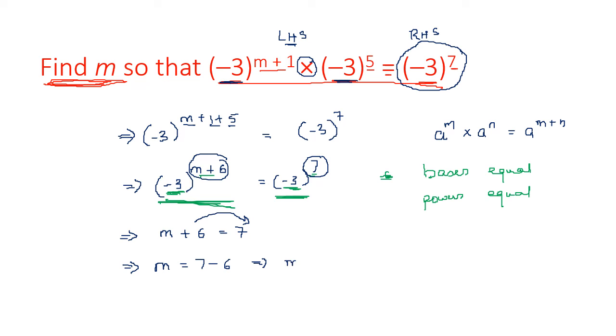So we get m equal to 1. So based on this equation, the unknown m can be found using the laws of exponents. You have to remember the values of two numbers will be the same when their bases are equal and the powers are equal. So this is how you simplify to get the correct answer.